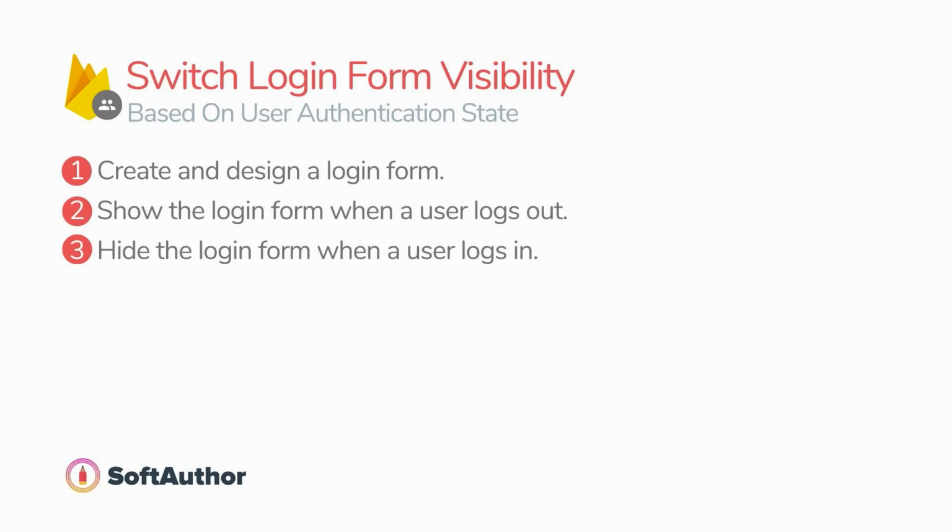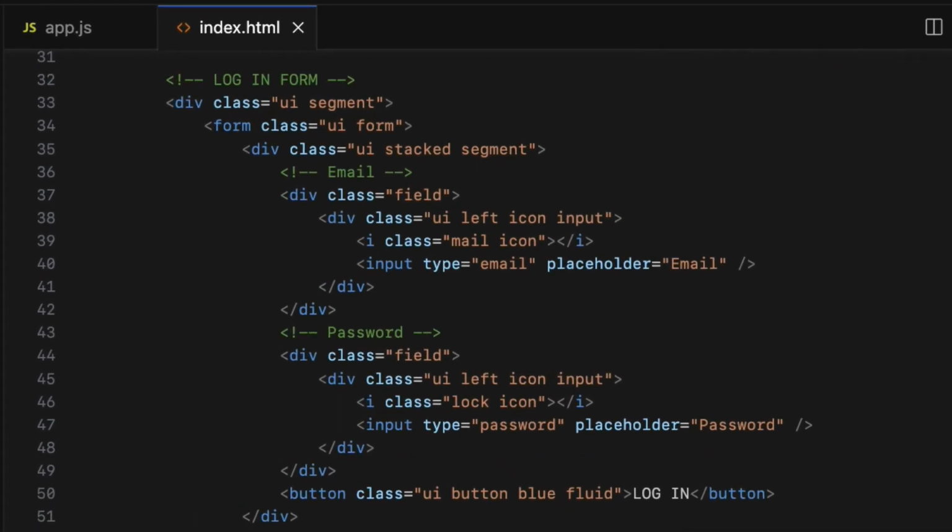The second step is to actually show the login form instead of the sign up form when the app launches for the first time or when the user logs out. For that, first I'm going to add an ID attribute to the login form. So inside the index.html file, id equals login-form in quotes.